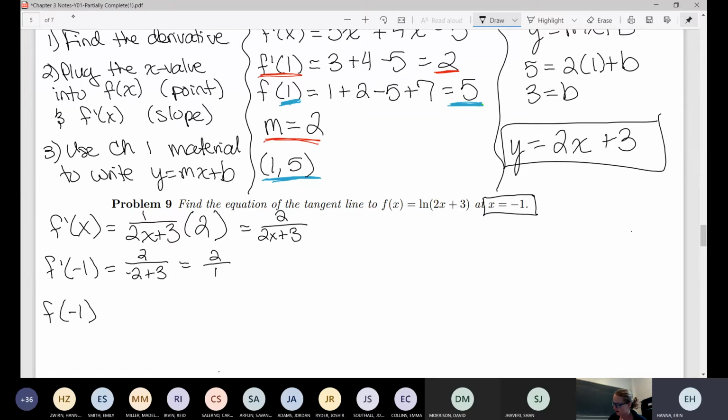So 2 over 1, so 2. And then plugging it into the original function, natural log of -2 plus 3. 2 times -1 gives me the -2. Natural log of 1, which is 0.